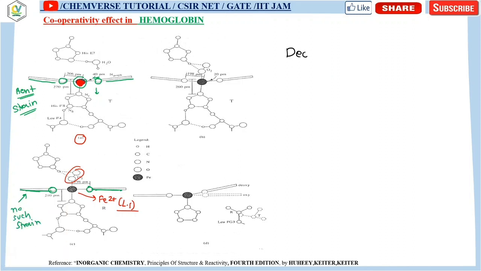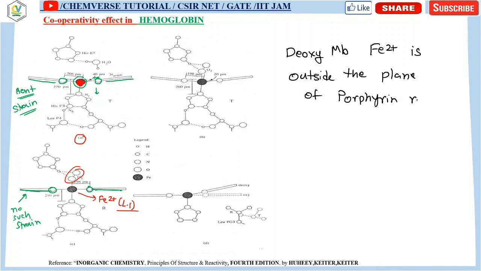So in deoxy myoglobin, iron 2 plus is outside the plane of the porphyrin ring, and there is strain in the molecule.